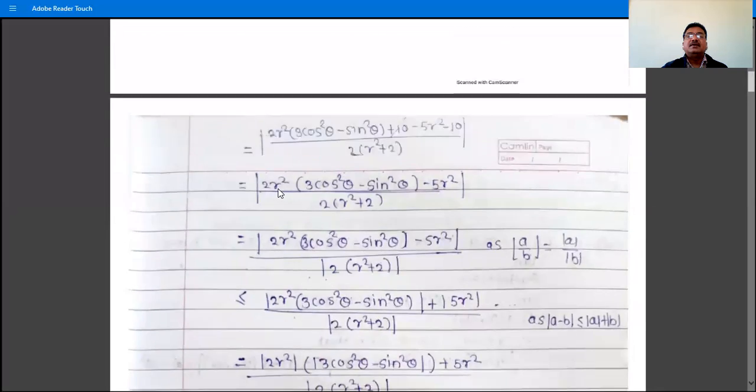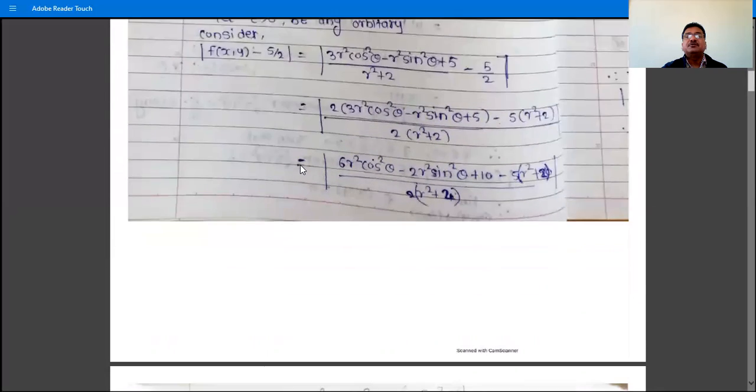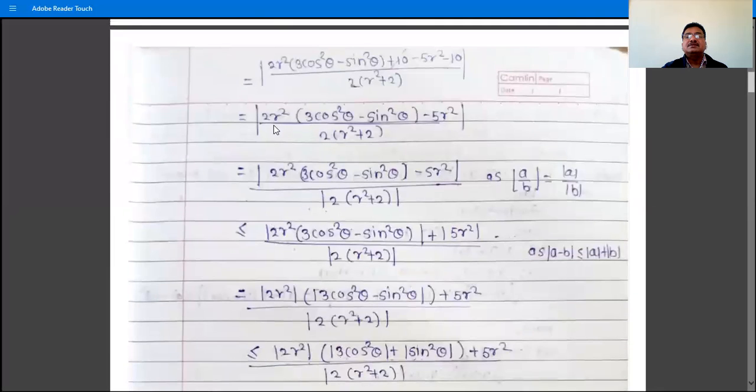And then the limit here. This is the simplification of mod f(x,y) minus 5 by 2. Then this is equal to, separate mod. Mod a by b is mod a by mod b. Separately take this, and it is less than or equal to, because here this is considered as a, this is considered as b.